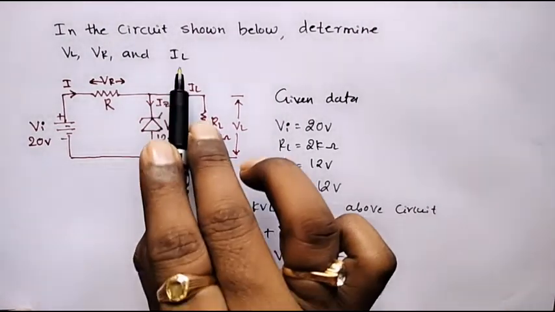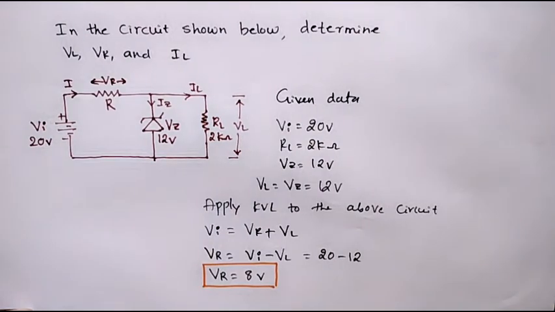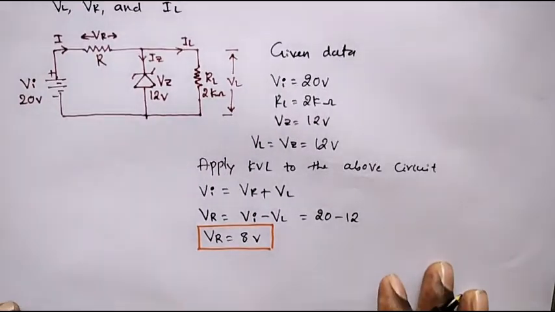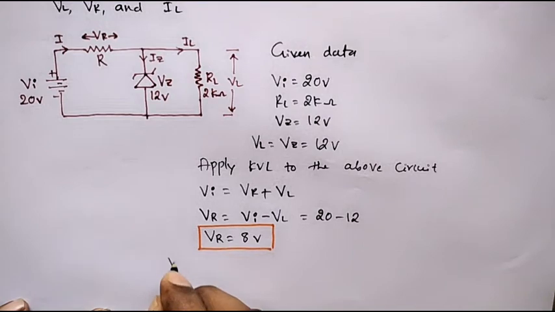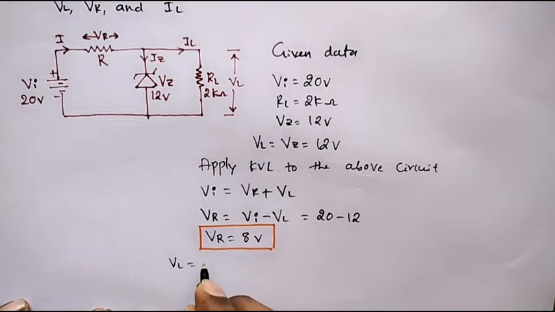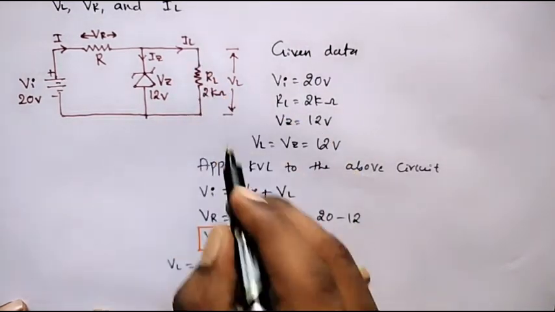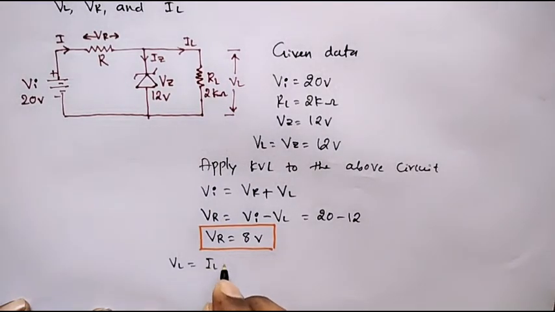So now let's calculate the load current IL. We know that VL is equal to current through load resistor into load resistor, that is IL into RL.